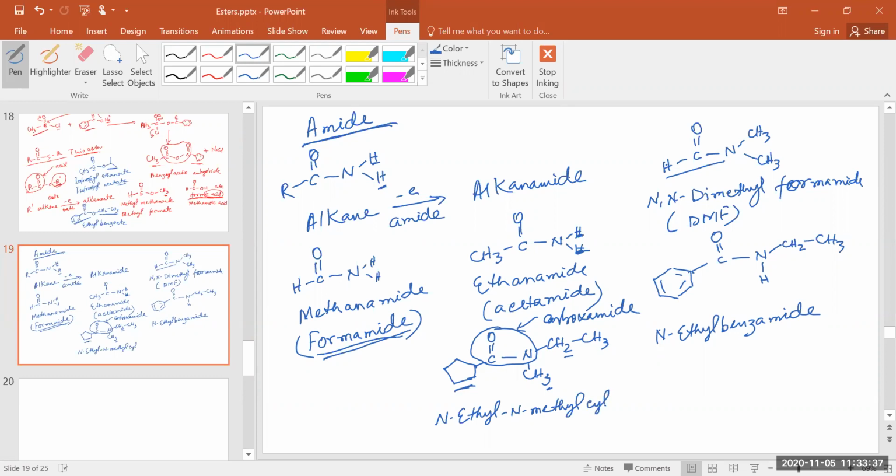Cyclopentane carboxamide. Okay, so this is the nomenclature of carboxamide when it is a cyclic structure. Okay, any questions?